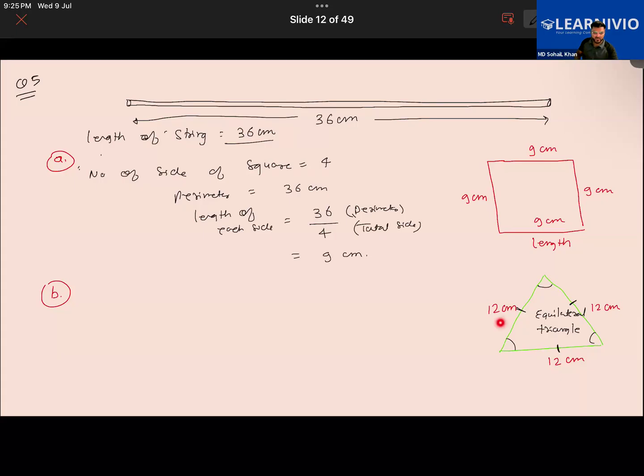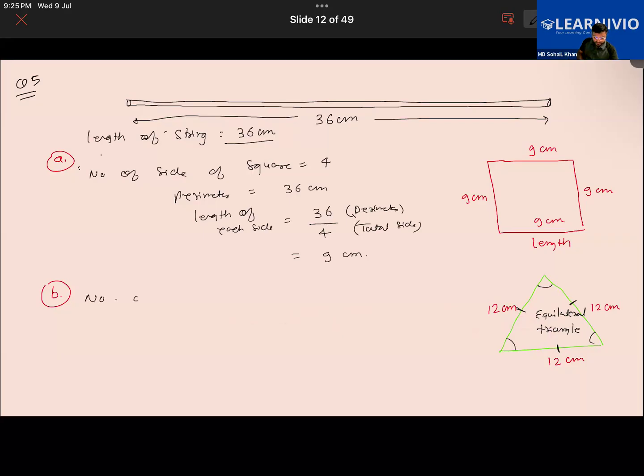Same thing you will be doing here also. So number of sides of a triangle with equal length, it has 3 sides. You will divide to find out the length of each side. You will divide the perimeter by the number of sides here.